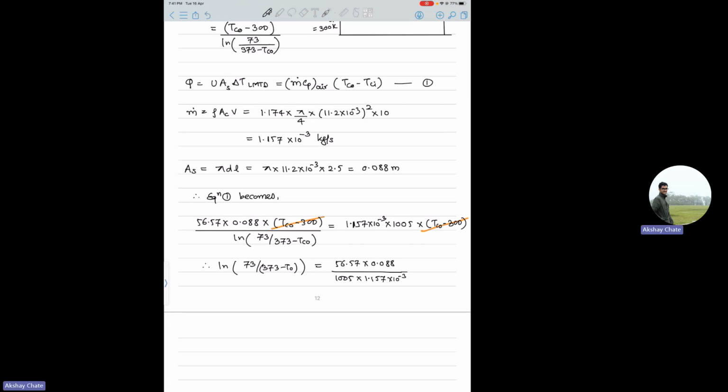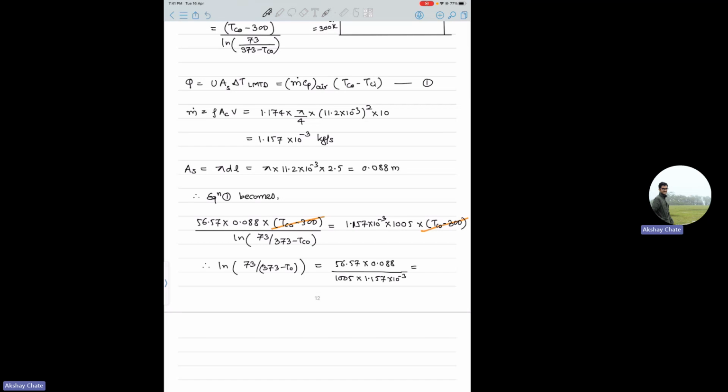So what is this? 56.57 into 0.088 divided by 1005 into 1.157 into 10 to the power minus 3.